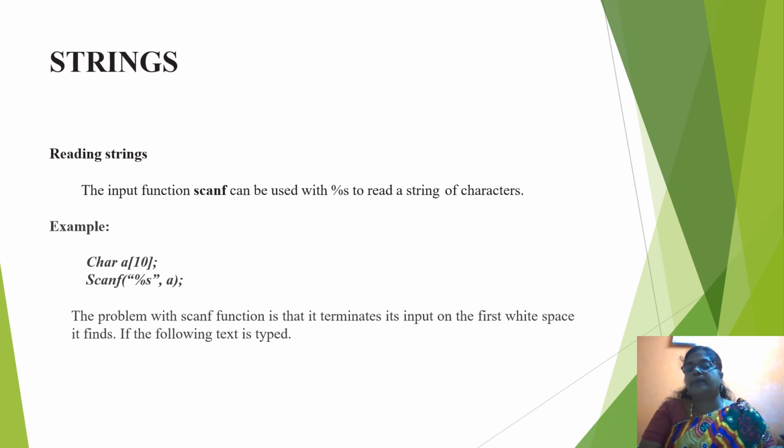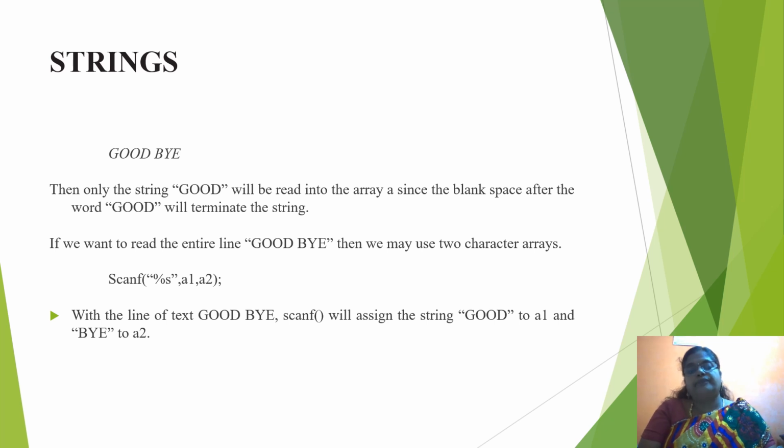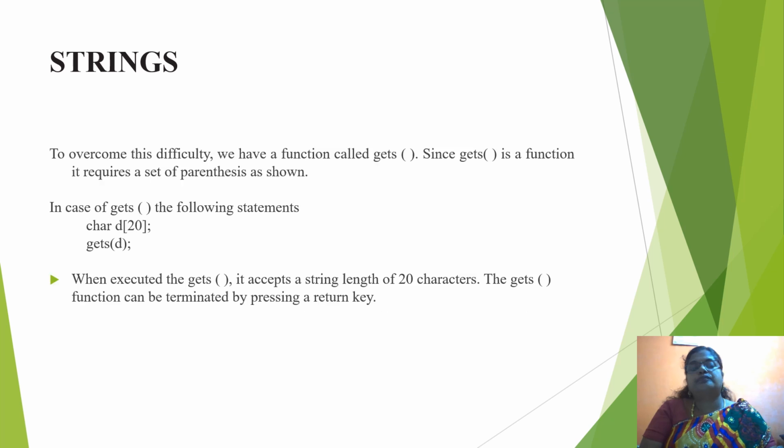With the following text typed, "good bye", only the string "good" will be read into the array, since the blank space after the word good terminates the string. If you want to read the entire line, we may use two character arrays, scanf("%s %s", A1, A2). With the line of text "good bye", scanf will assign the string good to A1 and bye to A2.